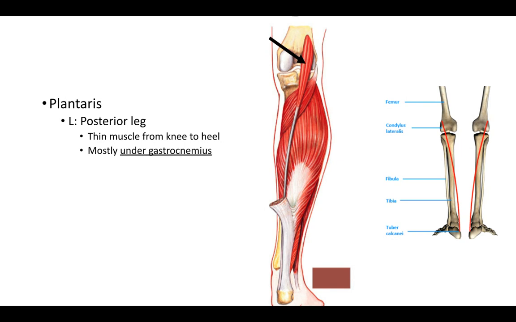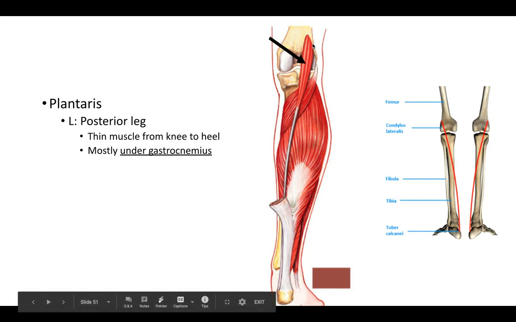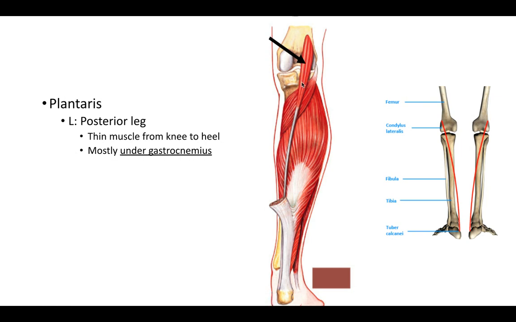It is under your gastrocnemius, so it's difficult to see, but in your full muscle diagram, the best place to see is to look up here in the back of the knee, and you can see it attach here in the back of the knee.